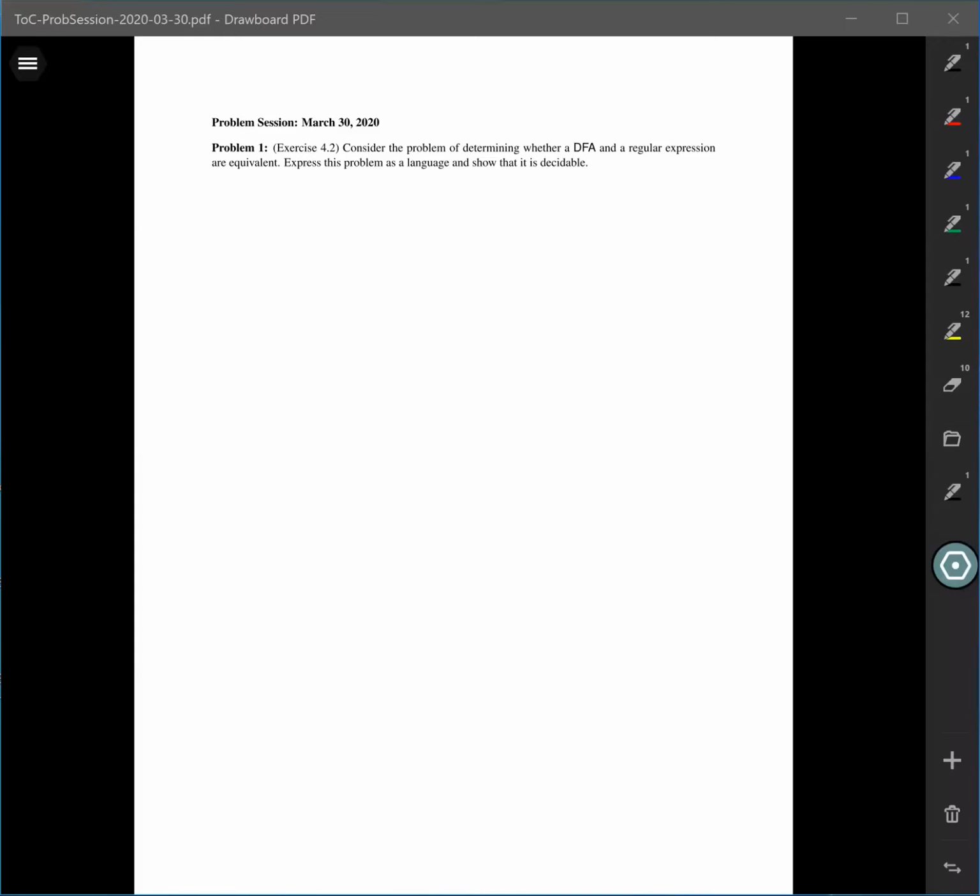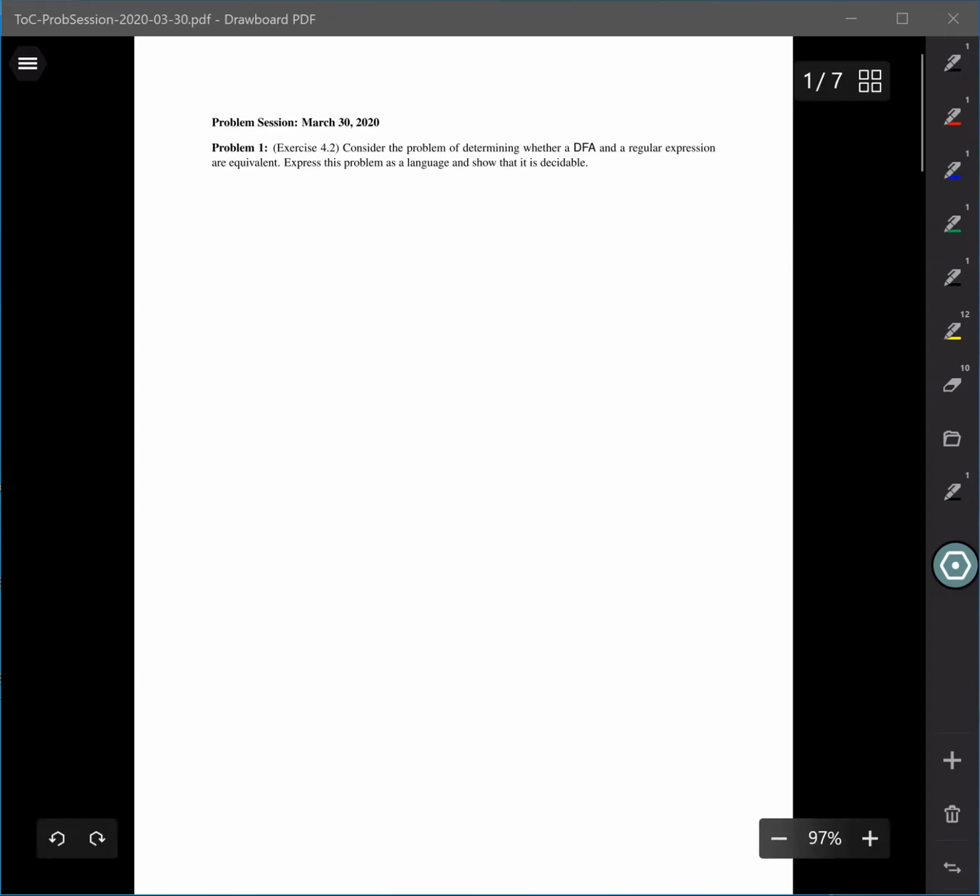So exercise 4.2 here says, consider the problem of determining whether a DFA and regular expression are equivalent. Express this problem as a language and show that it is decidable. So we're asking whether two languages are equivalent. What we're going to do is start to write the language out, and let me start by giving it a name.